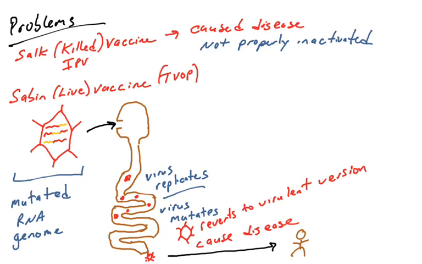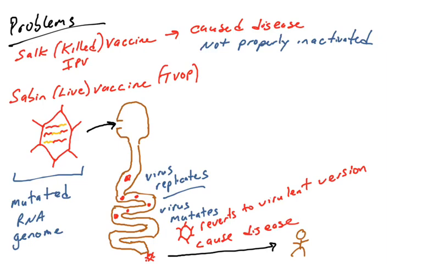But what happens more often is that if the virus mutates back to its virulent version, again, very, very, very rarely, then in the fecal matter of this child, and usually we're talking about children getting vaccinated with polio, they might have poliovirus that is now mutated back to the virulent version.